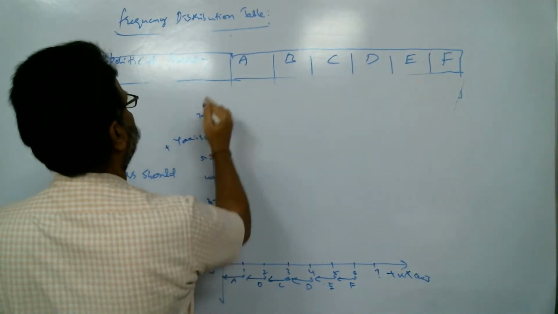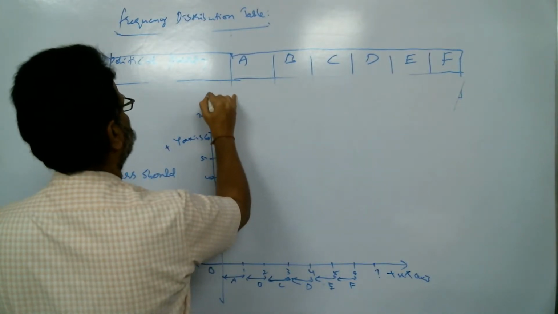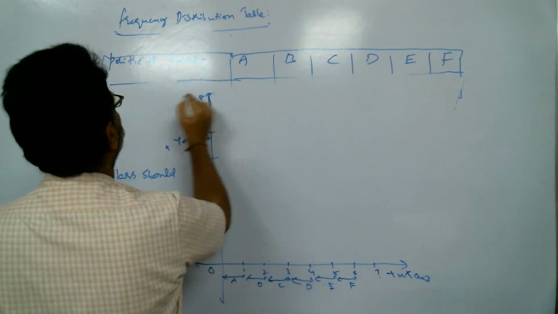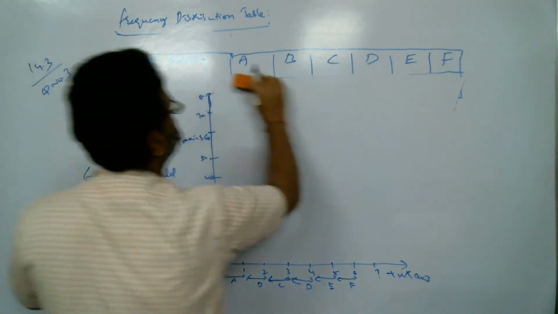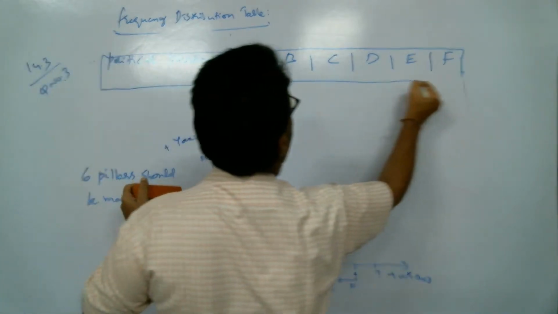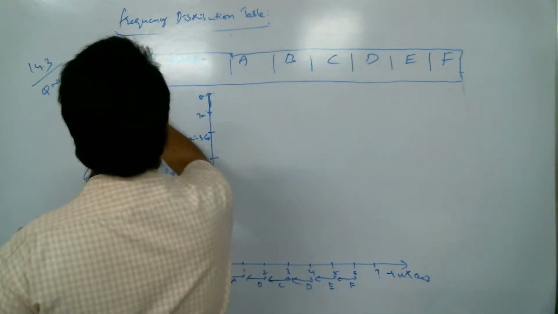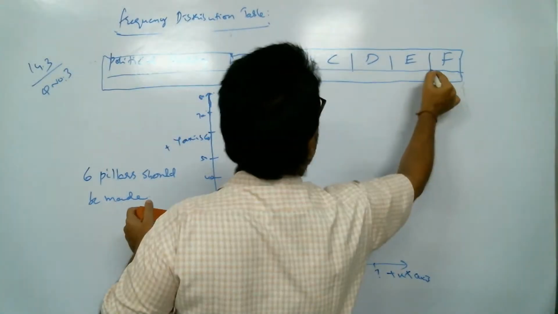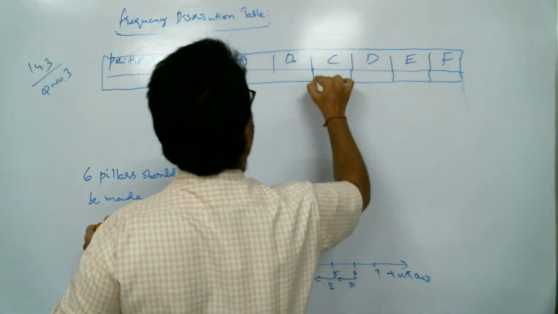And this one I will take as 80. So here I will reduce its. This part I will reduce.